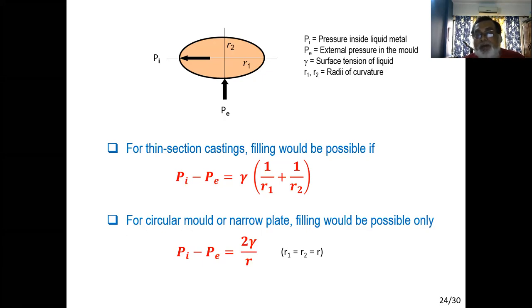In this direction, R is infinity. As a result, 1 by R is equal to 0, so we have only gamma by R. On the other hand, for a circular section, this is R, this is R, so we need 2R. That's why twice gamma by R. So for plate casting, we have gamma by R. For circular casting, we have twice gamma by R. So it is double.